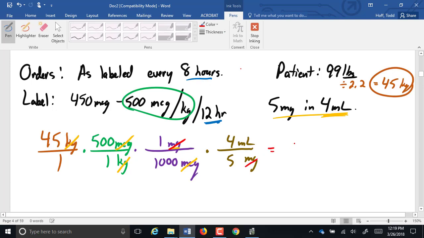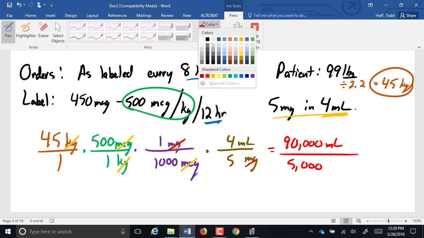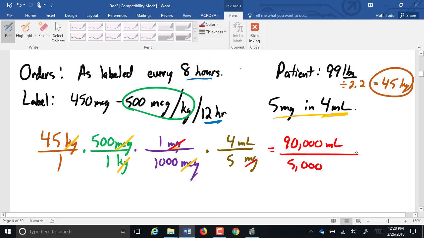So now we can go ahead and multiply this out. 45 times 5 times 4 is 90,000 milliliters on top. On bottom, we have 1 times 1,000 times 5, which is 5,000 on bottom. There are no units on bottom. We divide that out, and that comes out to be 18 milliliters.